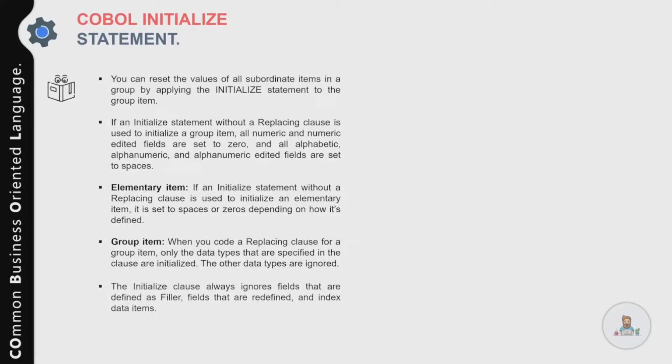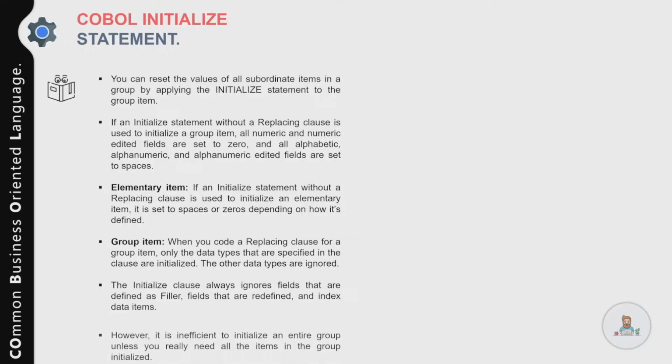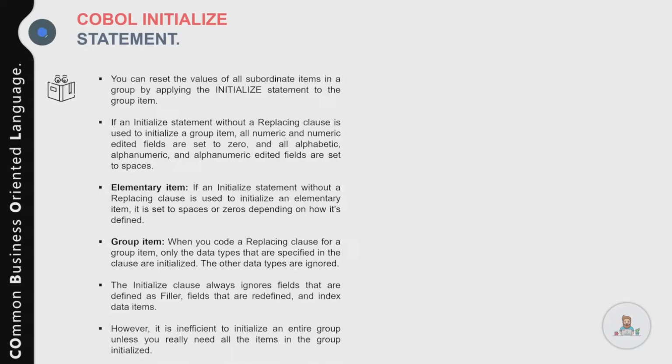For group items, if you have specified the replacing clause, then only the data types that are specified in the clause are initialized. The other data types are ignored. The initialize statement always ignores fields that are defined as filler, fields that are redefined, and index data items.